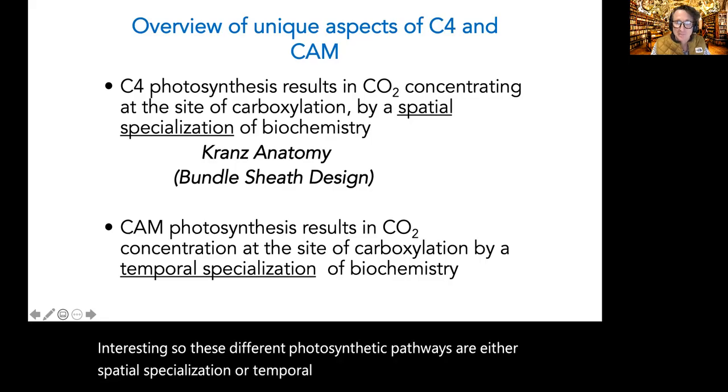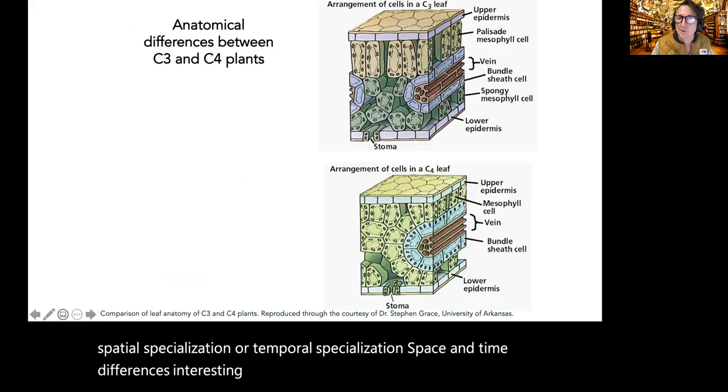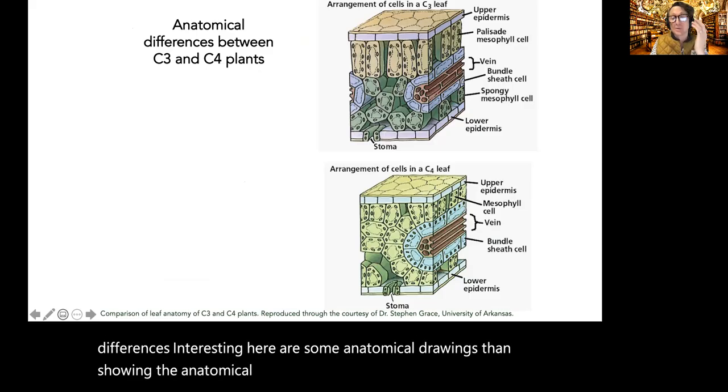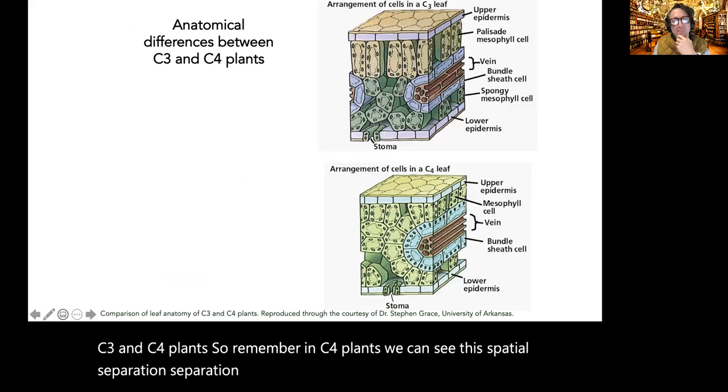Ooh, space and time differences. Interesting. Here are some anatomical drawings showing the anatomical differences between C3 and C4 plants. So remember, in C4 plants, we can see the spatial separation in terms of the underlying anatomy.